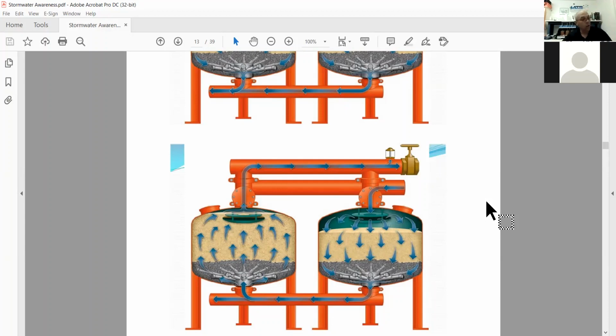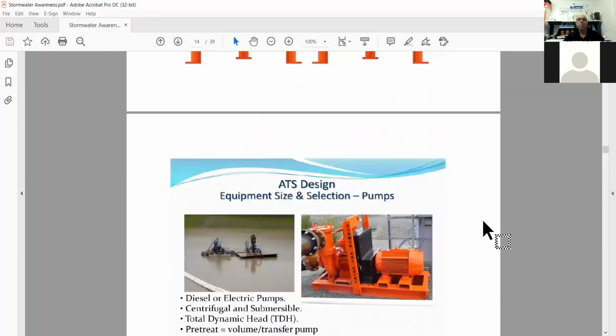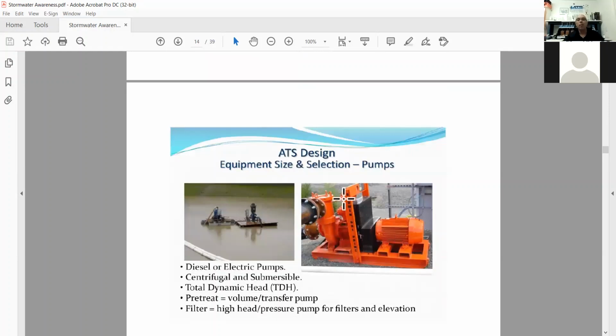So what types of equipment are used in an active treatment system? We have process pumps and chemical pumps. So here's some process pump examples sitting out on floating platforms here, centrifugal pumps sitting up on the bank. You can also have diesel pumps.